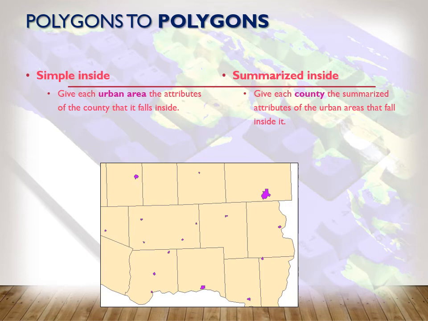Summarized: give each county the summarized attributes of the urban areas that fall inside. Now we have a one-to-many because we're taking the urban areas and attaching them to the county. It has to be summarized because there are multiple urban areas in some counties.